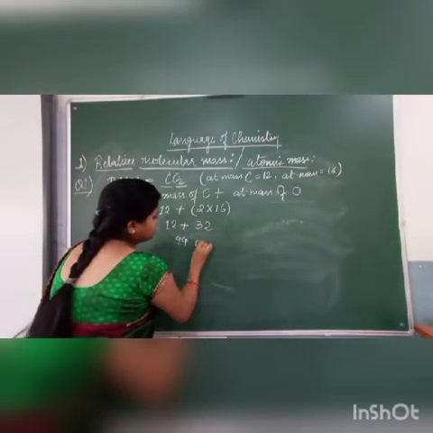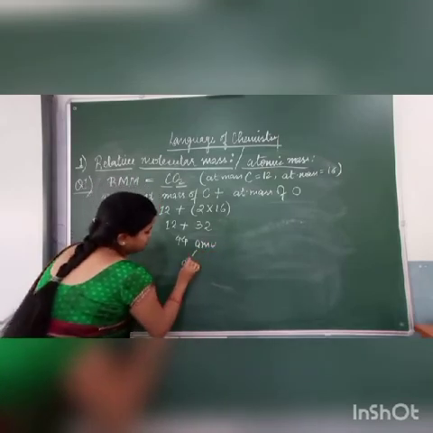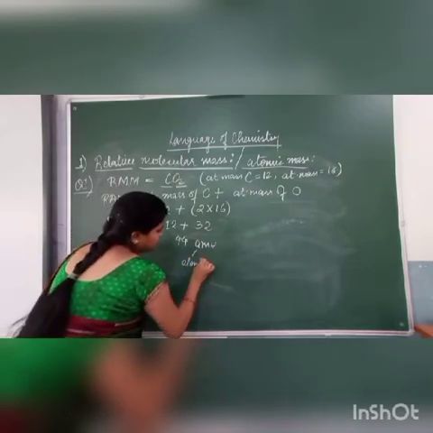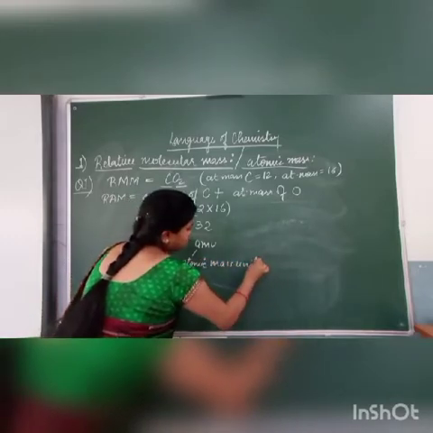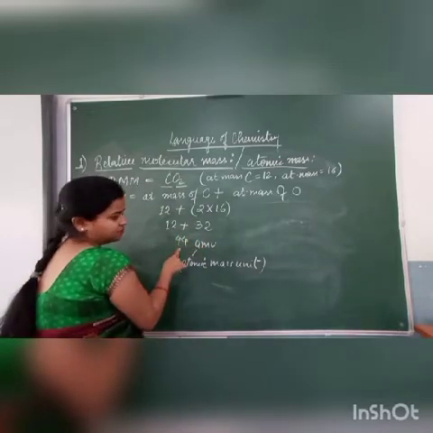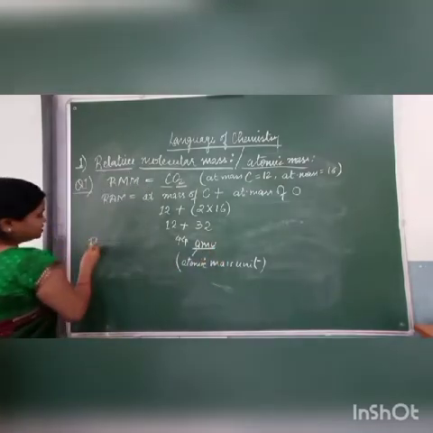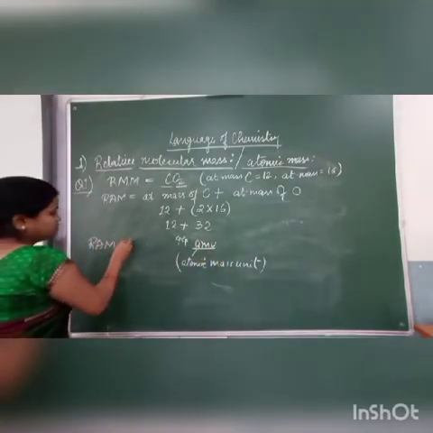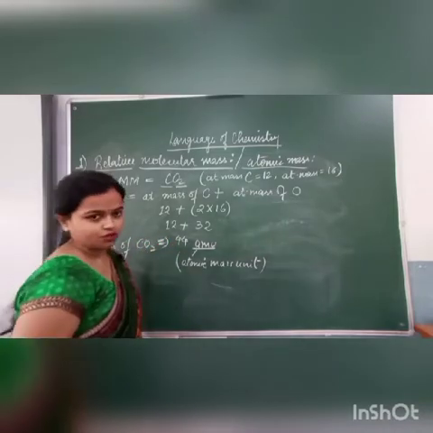Now here we have to write the unit, AMU, atomic mass unit. So just after writing whatever the answer comes, you have to write the unit. This is AMU. Therefore we can say relative atomic mass of carbon dioxide is 44.